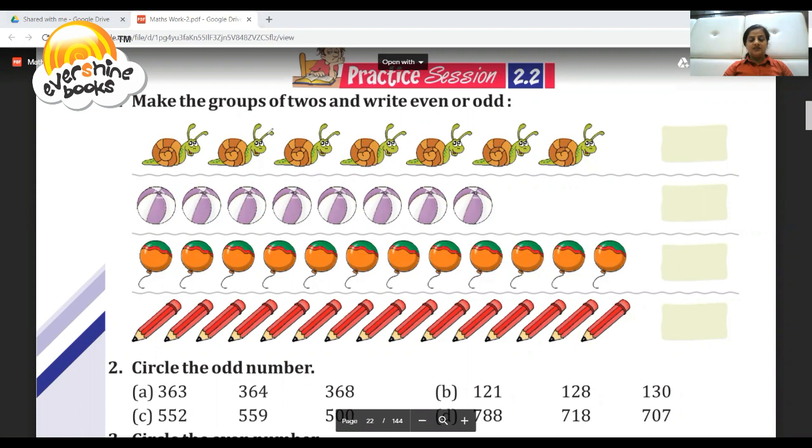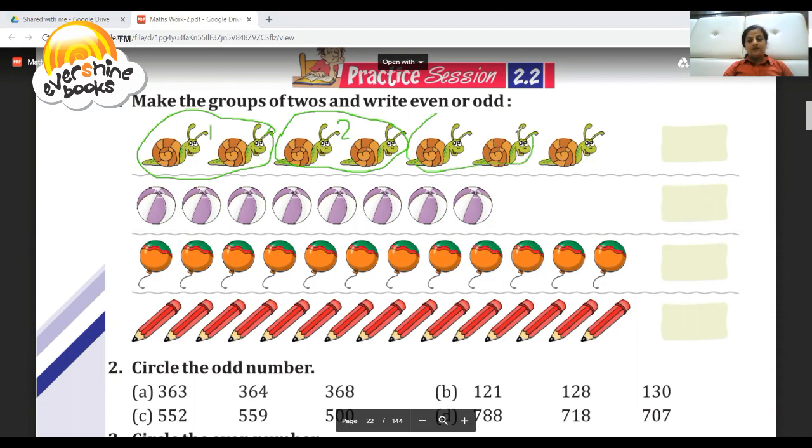A circle of 2, a pair of 2. In that we are going to make circles. Like this is 1 pair, and this is 2 pairs. This is 3 pairs.